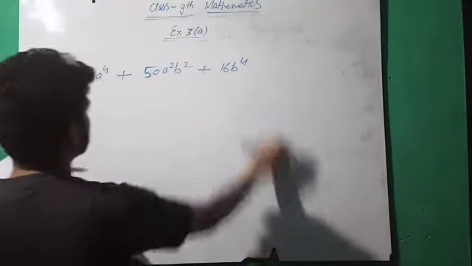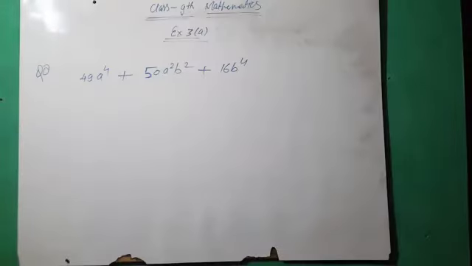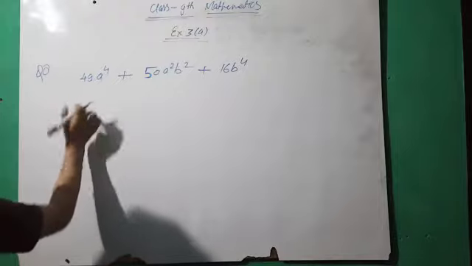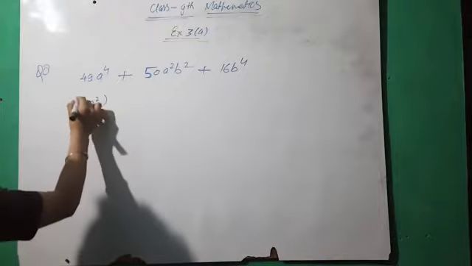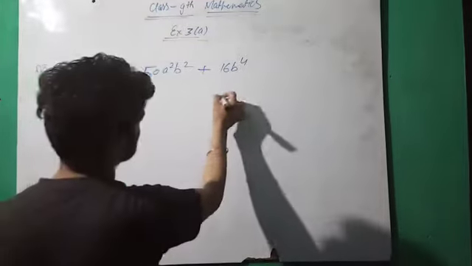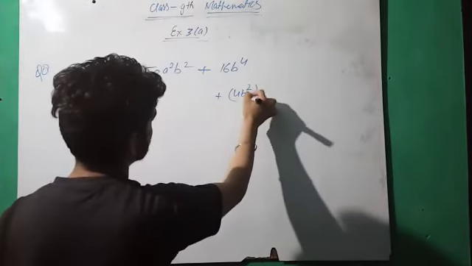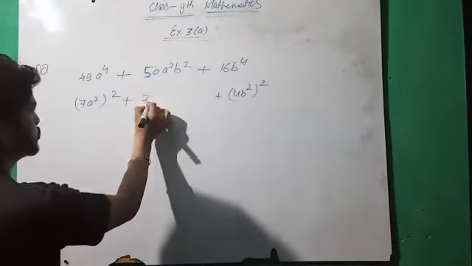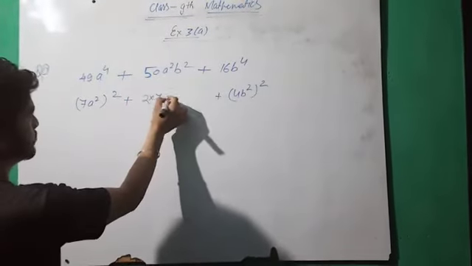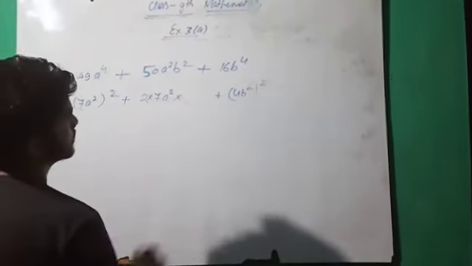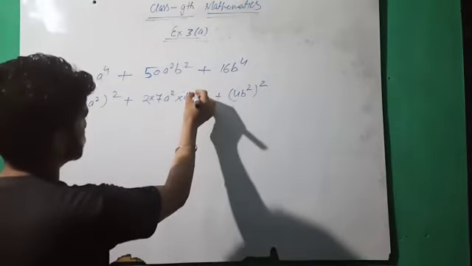Here we have b to the power 4. So you can write it as 7a square whole square plus 4b square whole square, and this is written as 2 into 7a square into 4b square.